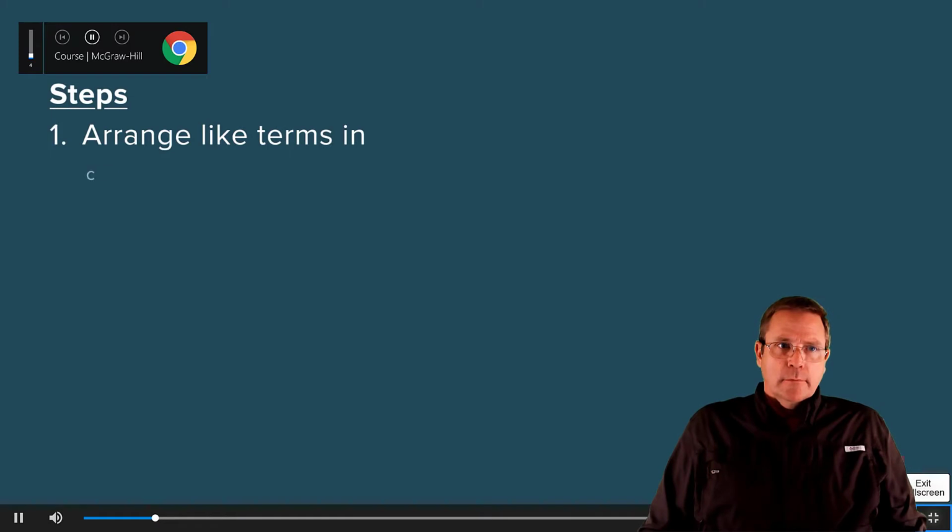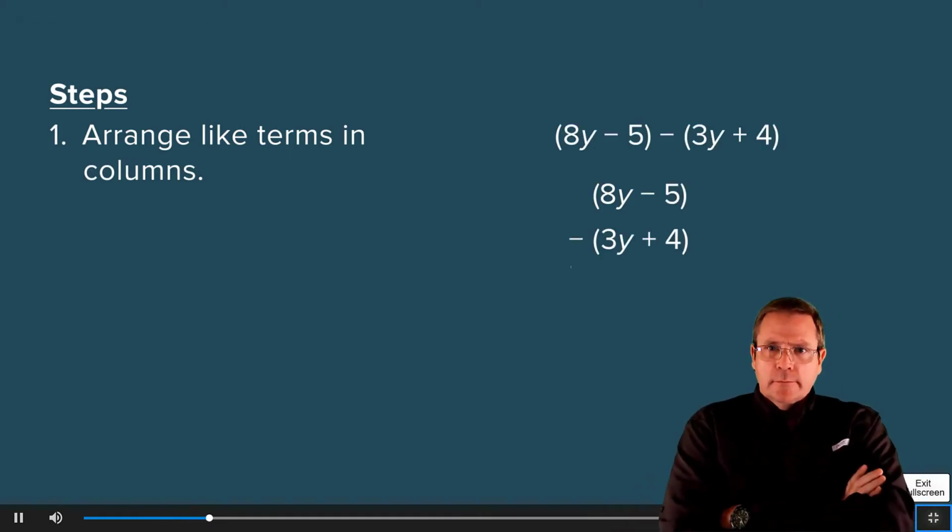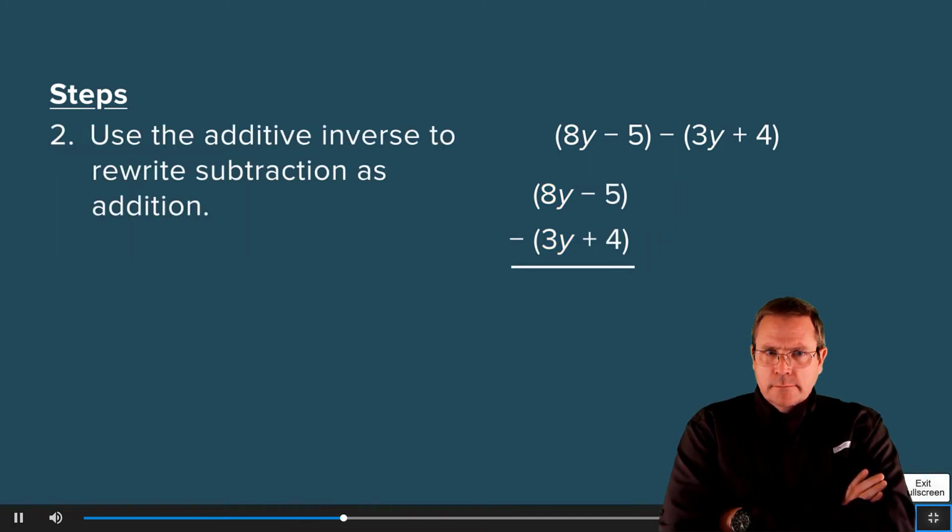To subtract linear expressions, start by arranging the like terms in columns. Next, use the additive inverse to rewrite the subtraction as addition. The additive inverse of 3y is negative 3y.